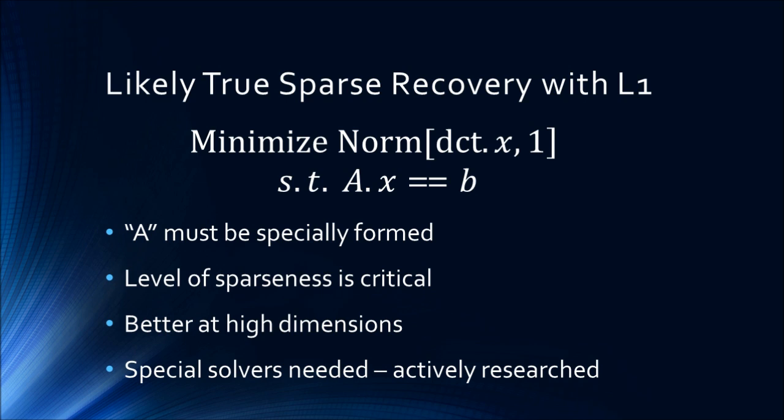A few years ago, some really smart people thinking about really high dimensions in space figured out that the L1 norm results in nearly the same solution as the L0 norm most of the time, as long as your mixing matrix A is specially formed. You have a certain special level of sparseness. You can't be too unsparse. And the more data, the better. So the worse the problem to solve, the easier it is to solve when you think about it this way.